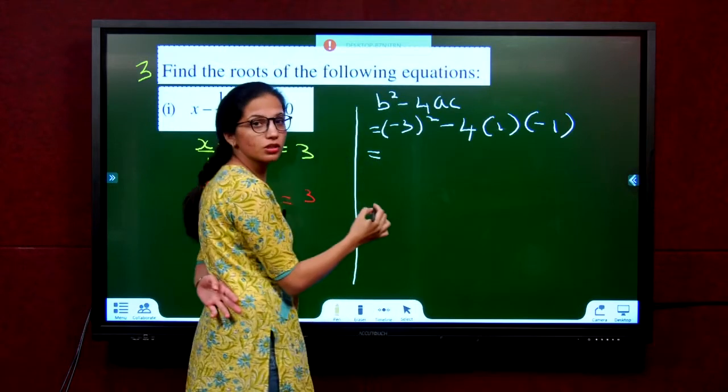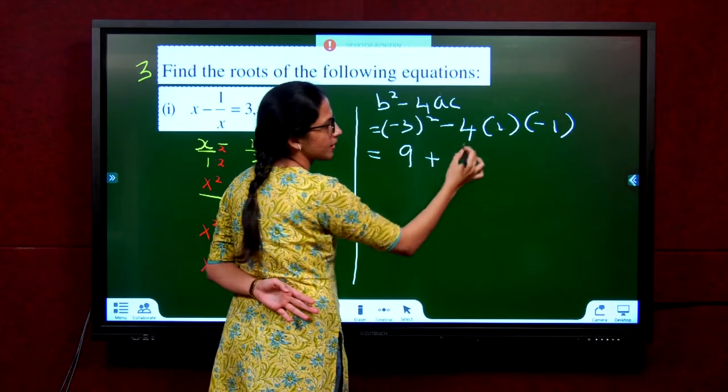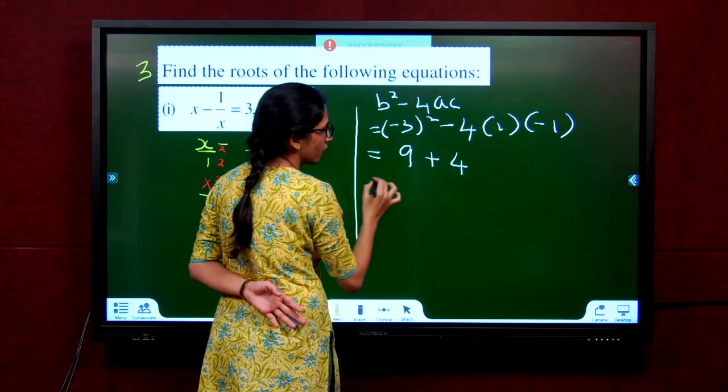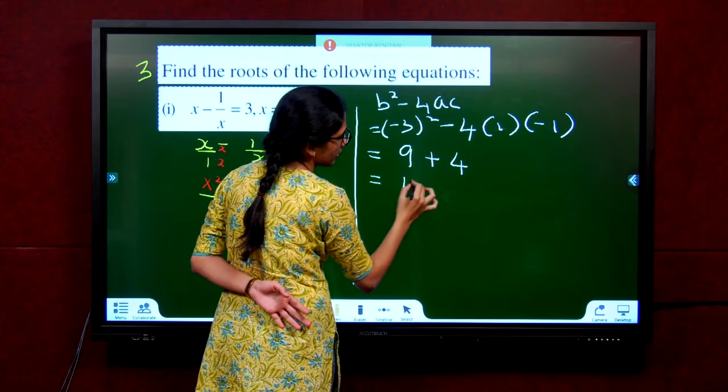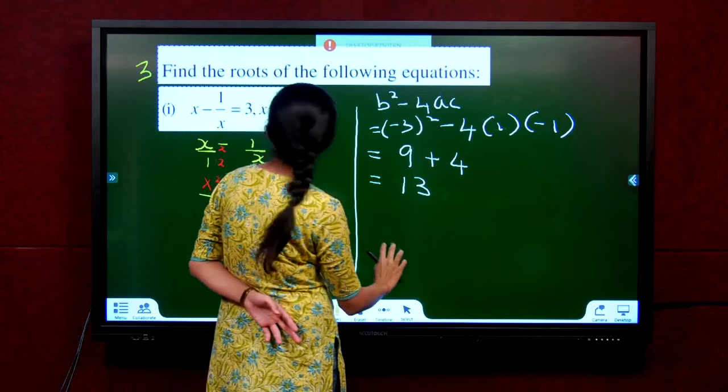Minus 3 the whole square is 9, minus into minus is plus, 4 ones are 4, 4 into 1 again 4, 9 plus 4 is 13. This is greater than 0, so the root exists.